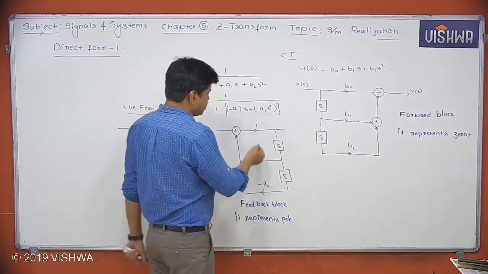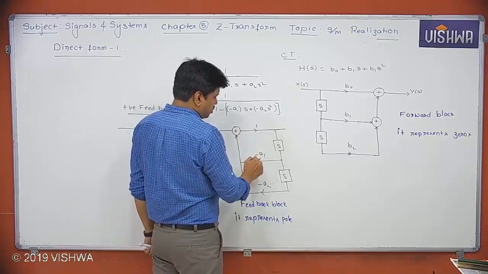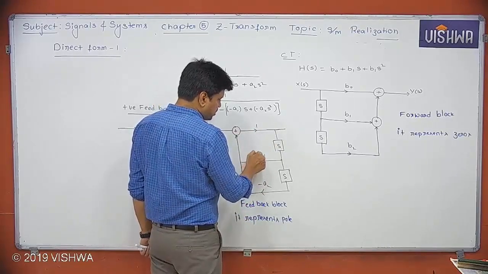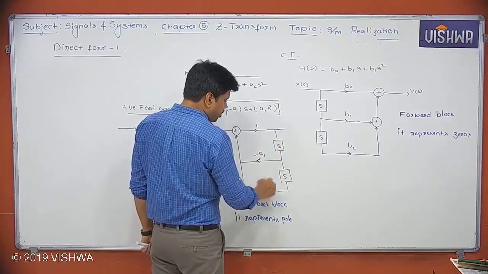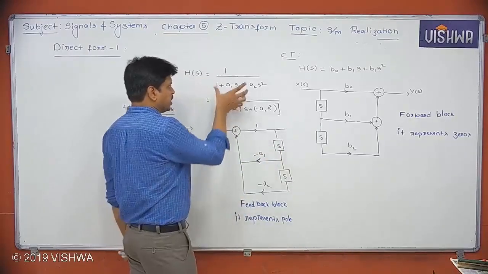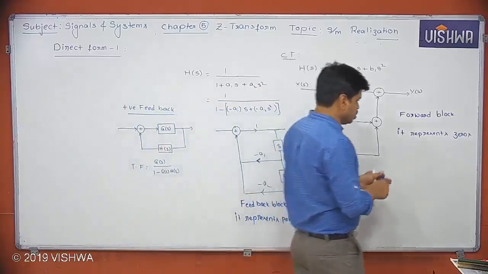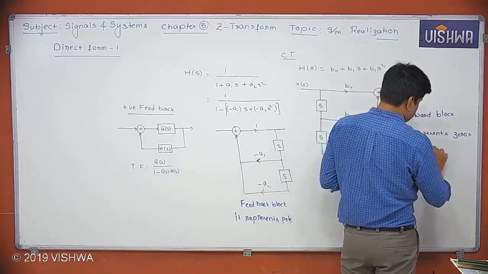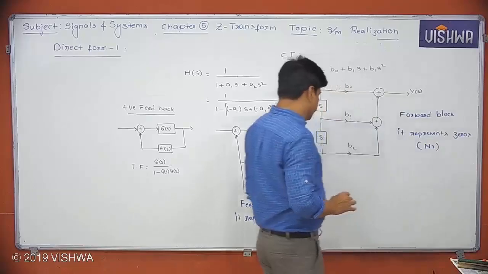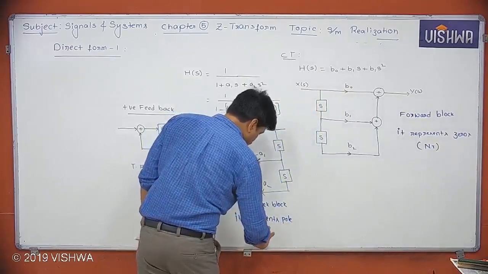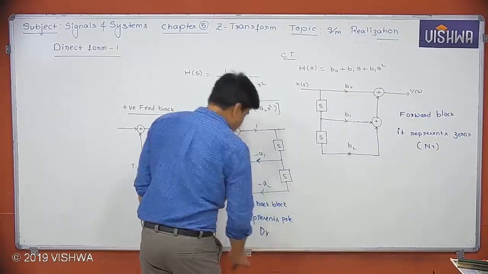What do you mean by that? So let's say 1, then it has a minus sign, so plus a1s plus a2s square. That's what we write as the denominator. Is that clear? So this is the numerator: the forward block creates the numerator, and the feedback block creates the denominator.